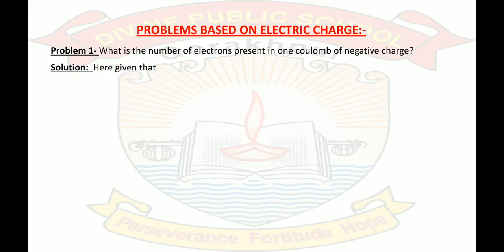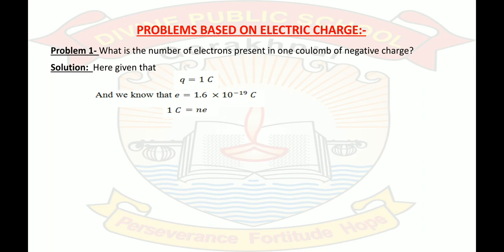Let us solve it. Here it is given that Q is equal to 1 coulomb, and we know that e is equal to 1.6 into 10 to the power minus 19 coulomb. Now, Q is equal to ne. That is the formula of quantization of charge. We'll put the values.